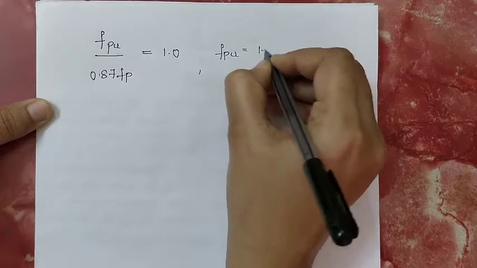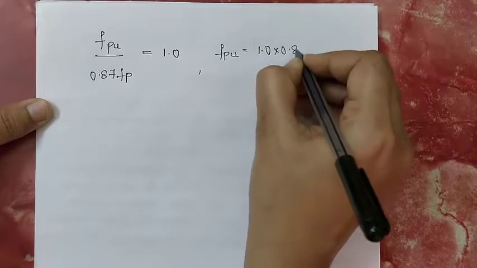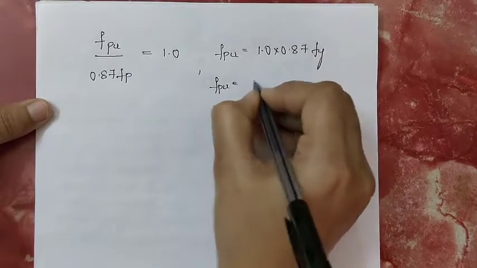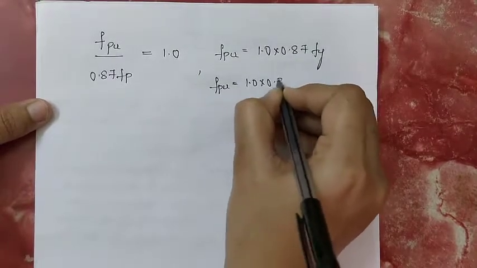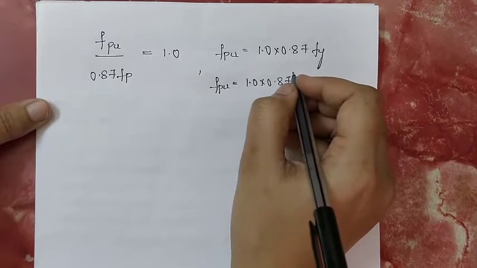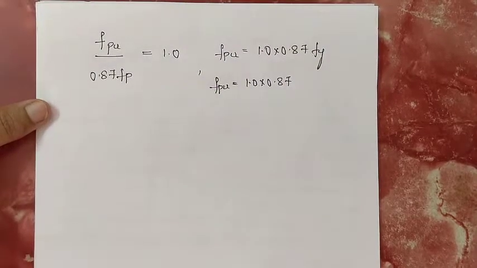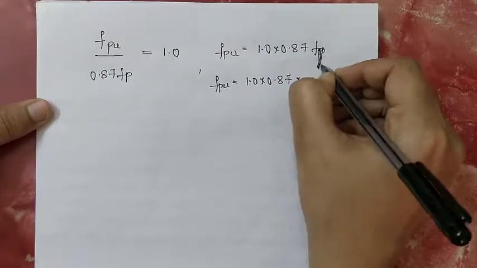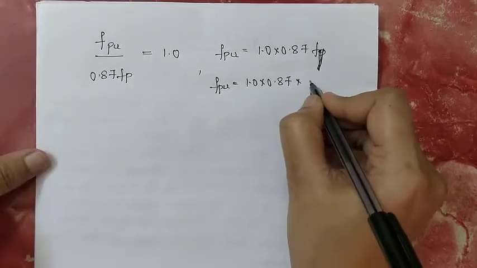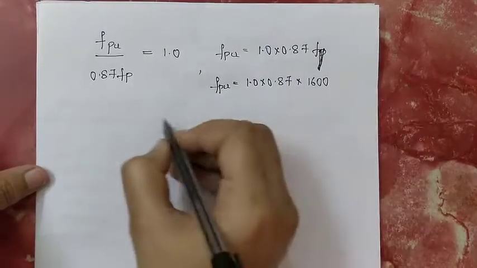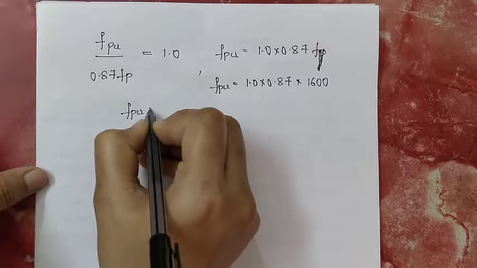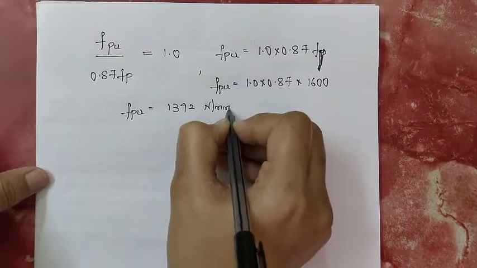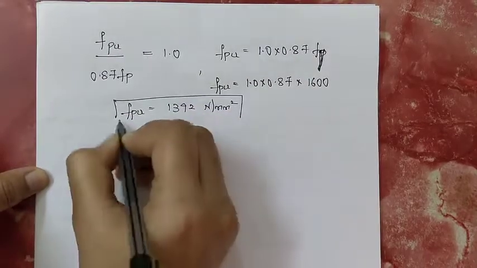FPU equals 1 into 0.87 multiplied by, sorry, this is not Fy, that is Fp, 1600. Upon simplification, FPU you will get as 1392 Newton per mm square. This is your FPU value.